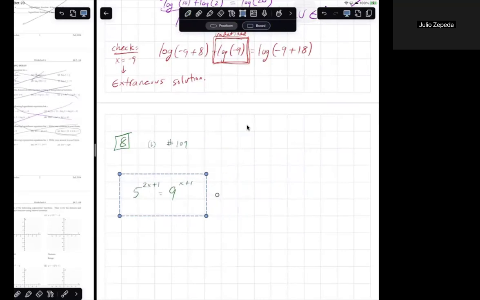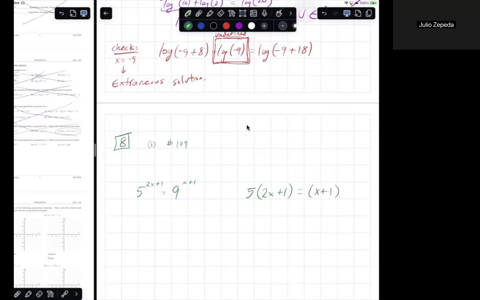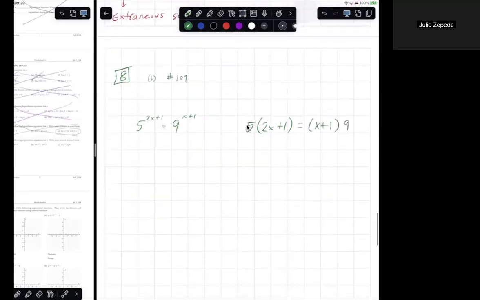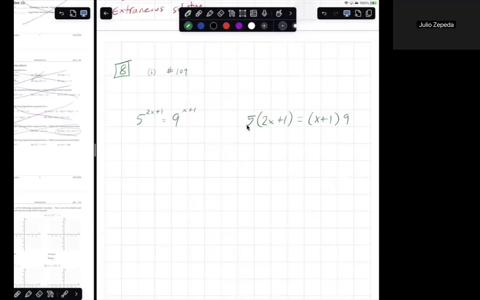And I'd actually like to solve this first by solving the equation 5 times 2x plus 1 equals 9. And actually, I'm going to write this x plus 1 times 9. Yeah, just for fun here. Let's go ahead and solve this.